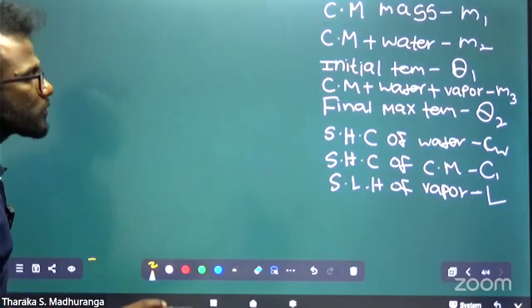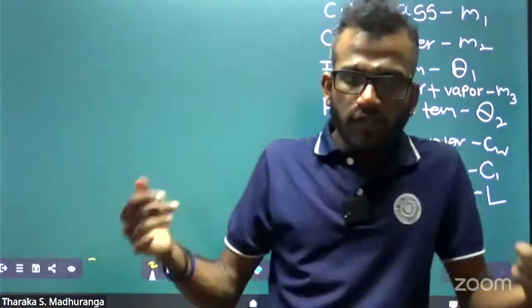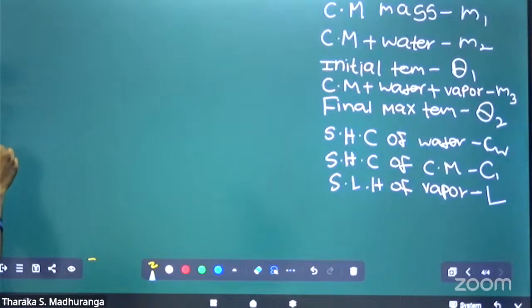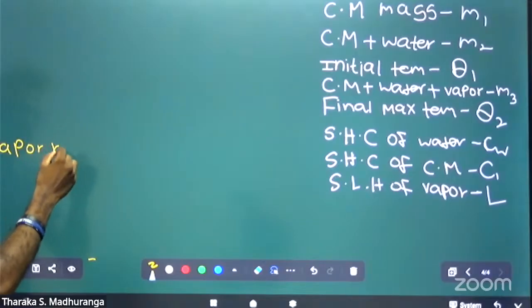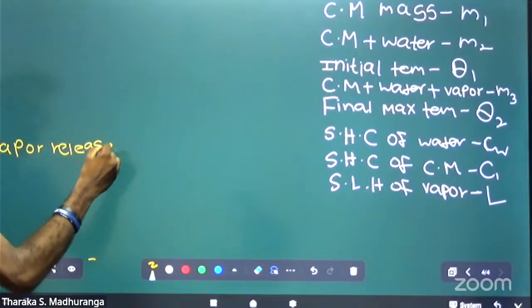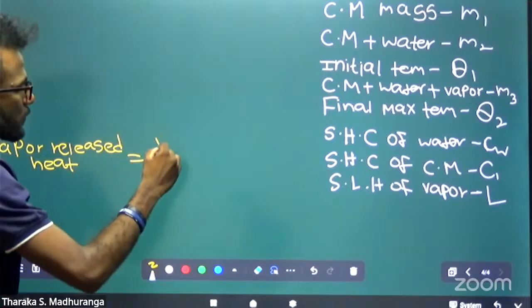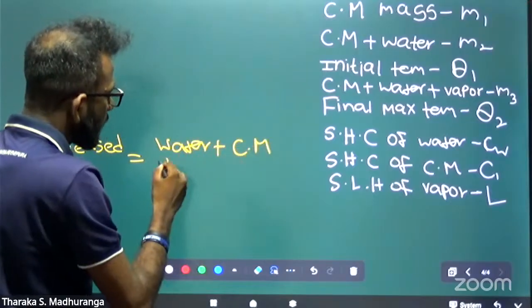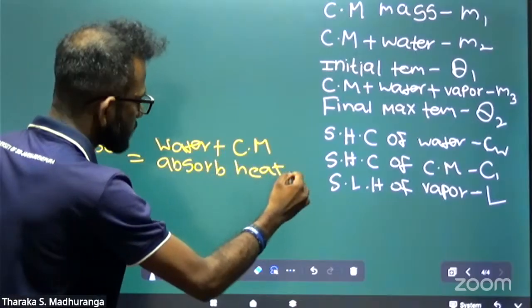According to this experiment, we can say which one is heat releasing? Vapor is heat releasing, because of high temperature. If there is no thermal damage, vapor release heat should equal the water plus calorimeter absorb heat, right?